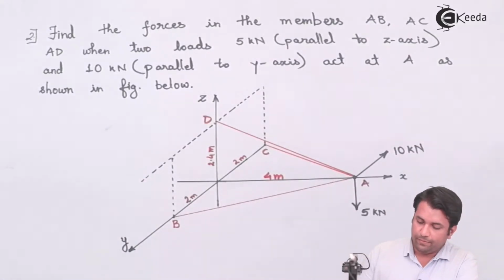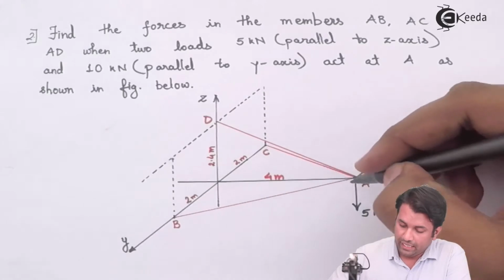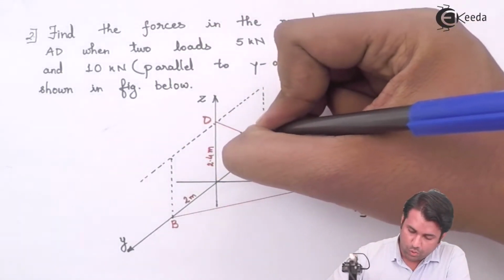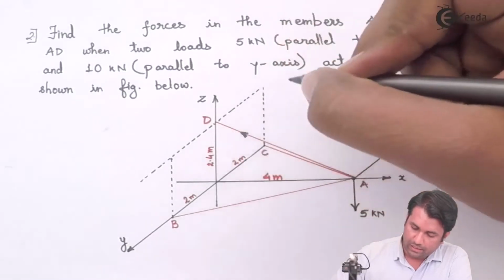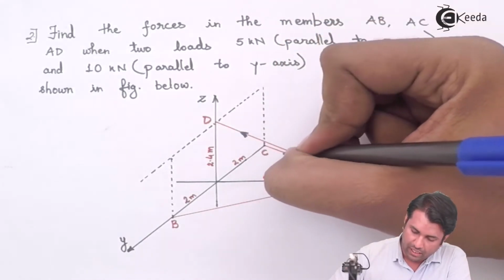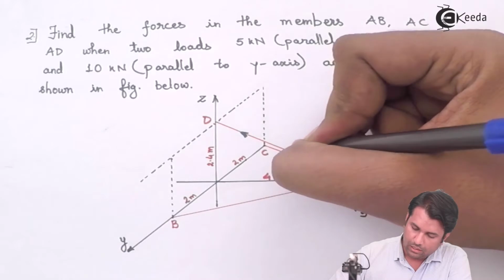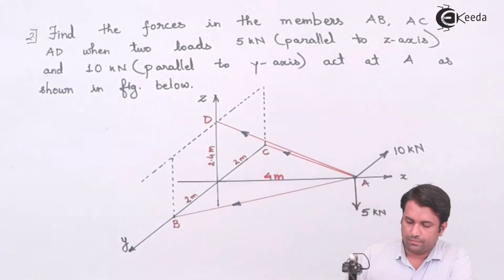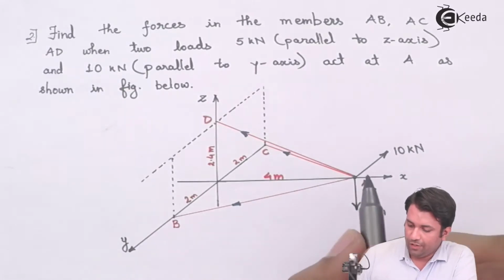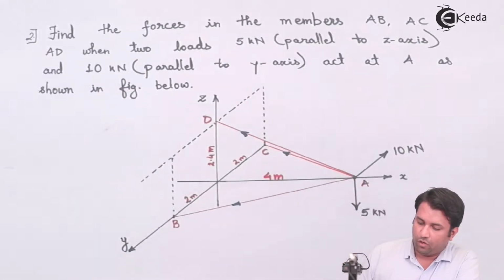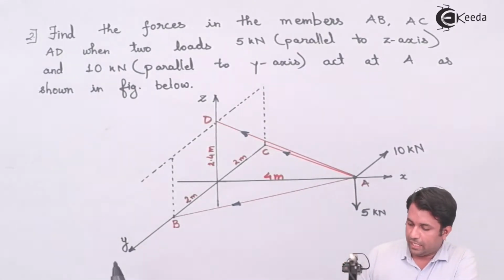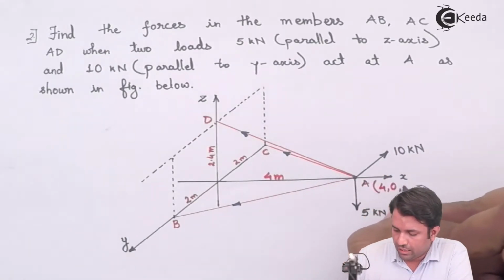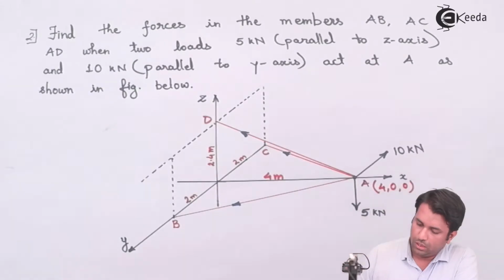Now, as I said, the tension will be directed from A to B, so I'll show the arrow over here like this. Then A to C and A to D. I need to find out the coordinates. For A, since it is along the x-axis, the coordinate will be 4, 0, 0.